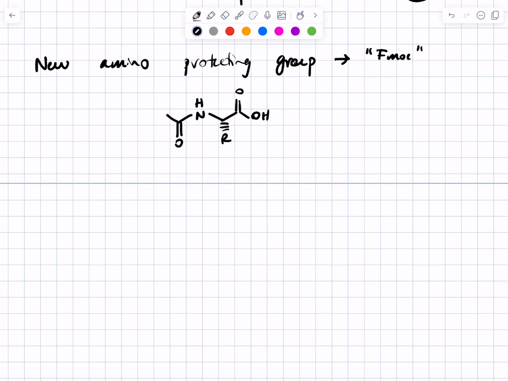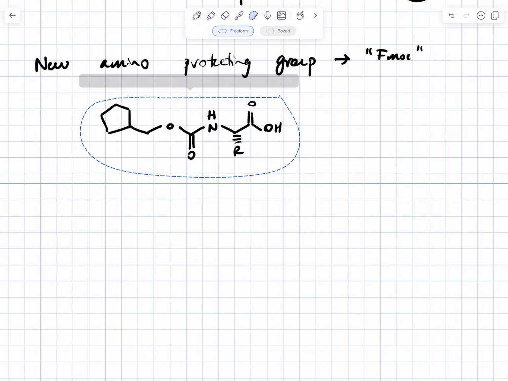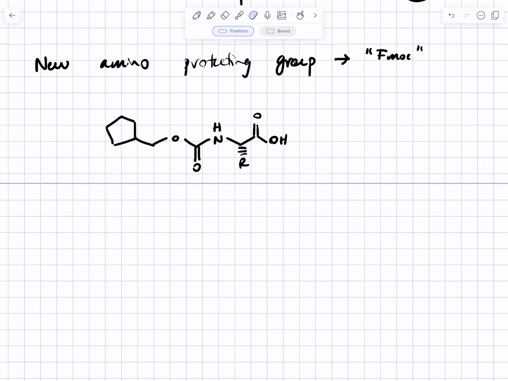Like Boc, it's going to share the carbonyl carbon and an adjacent oxygen, but instead of having a tert butyl group here, it's going to have this weird structure. A 5-membered ring, and I know how much you like polycyclic ring systems.